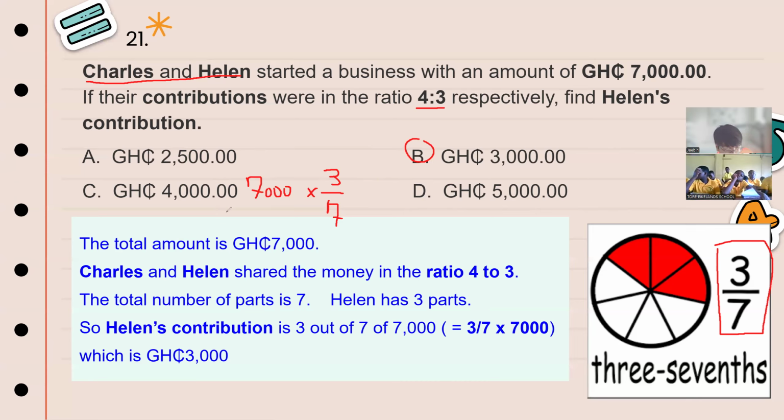This question was just about proportion. Charles is taking 4 out of the total 7. Helen is taking 3 out of the total 7. And since Helen's contribution is 3 over 7, 3 parts of 7, then we multiply by 7,000, we get 3,000. Does this make sense to everyone?